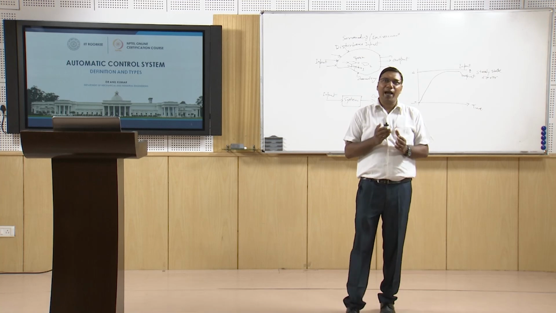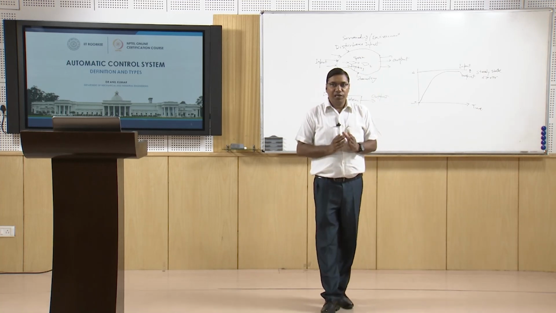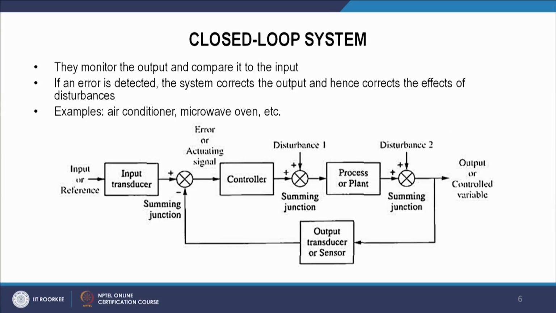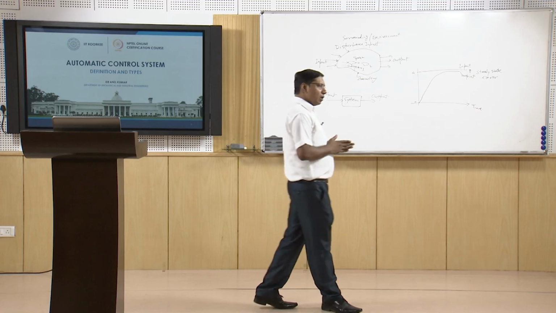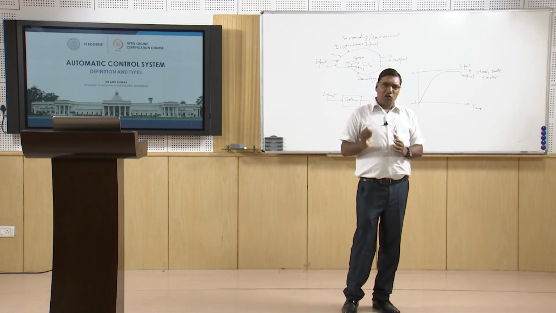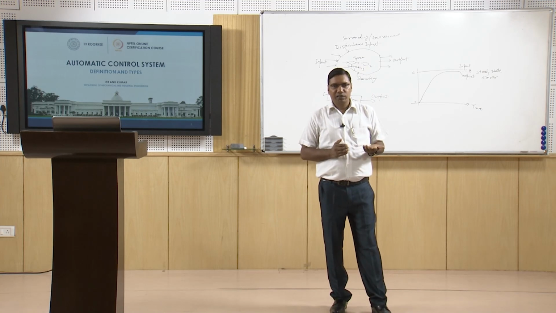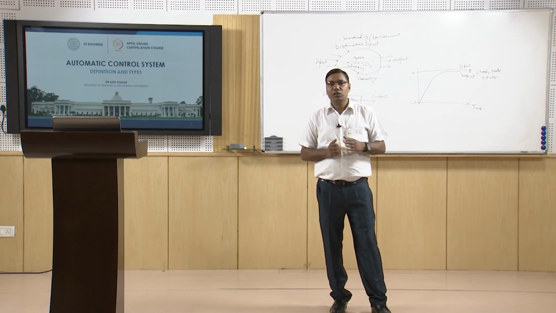That's why we take this output and feed it back to the input. There is another transducer, the output transducer or sensor, which converts this output signal to a corresponding signal, maybe an electrical signal, that is accepted by the controller.